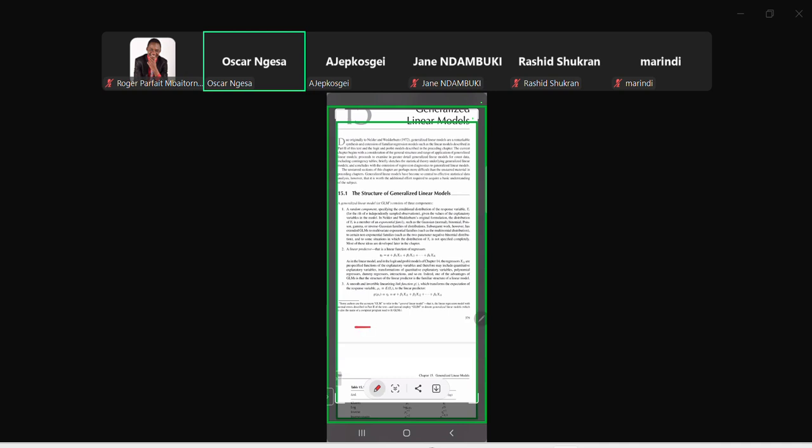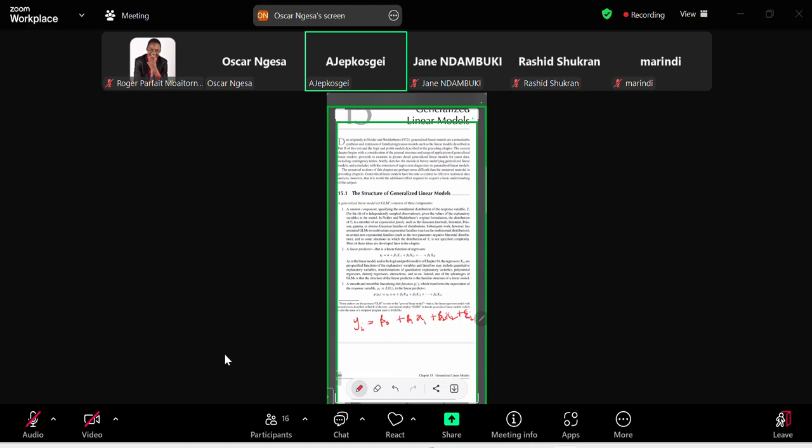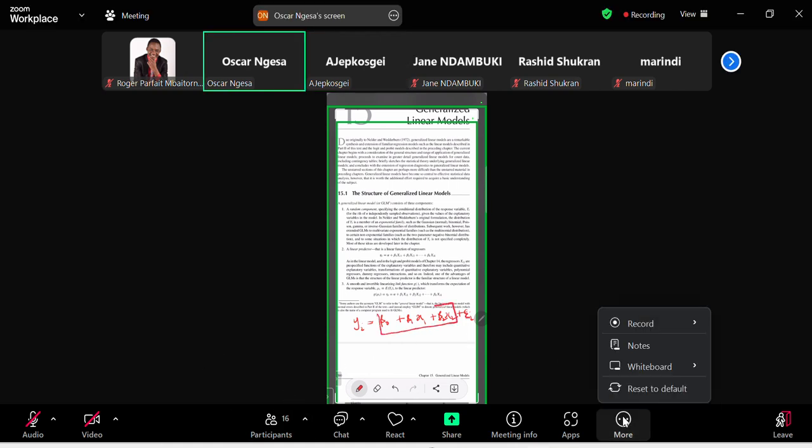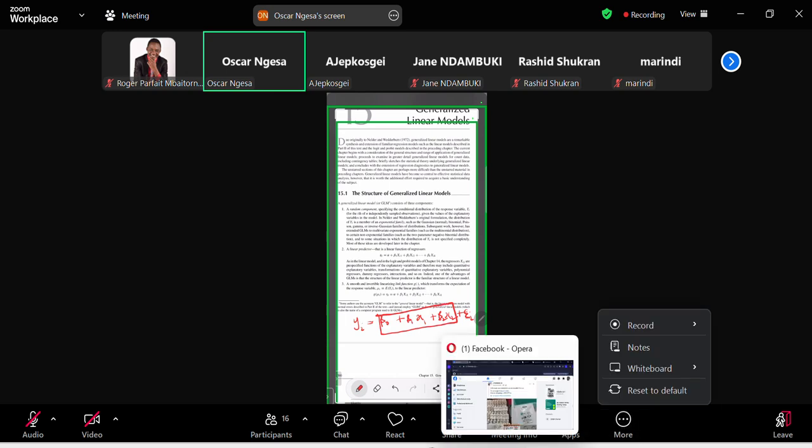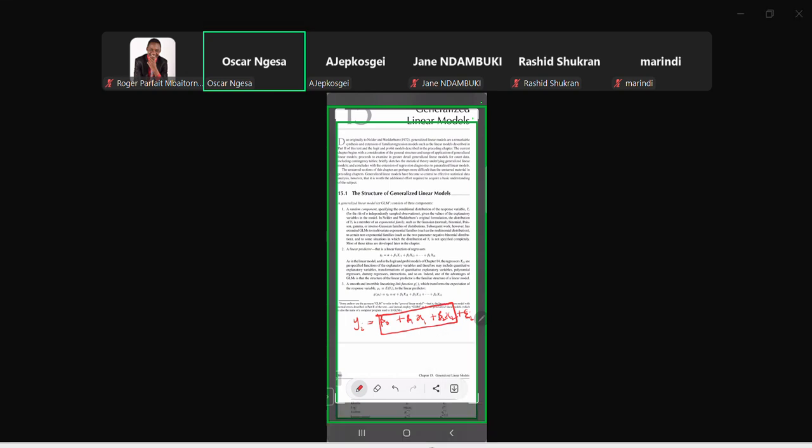So remember the multiple linear regression model: yi is equal to beta naught plus beta 1 x1 plus beta 2 x2 plus epsilon i. Is that okay? Yes. Now, this part, which has the explanatory variables or the independent variables, so which has the betas, the coefficients, together with the x variables, this part is what we call the linear predictor.